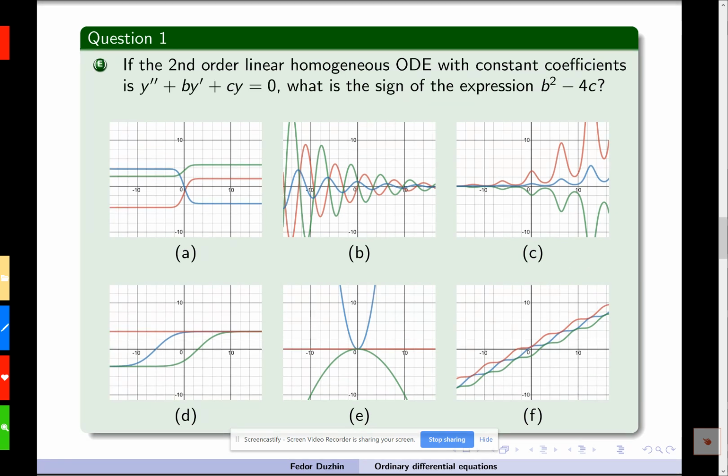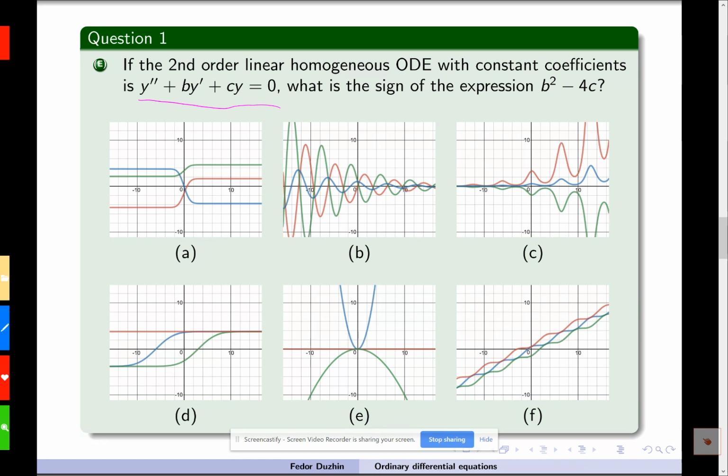Okay, and the last question: we need to identify the linear homogeneous differential equation with constant coefficients, and then we need to figure out what the sign of the expression b squared minus 4c is. Well, a second order linear homogeneous differential equation with constant coefficients could only be one of several cases.